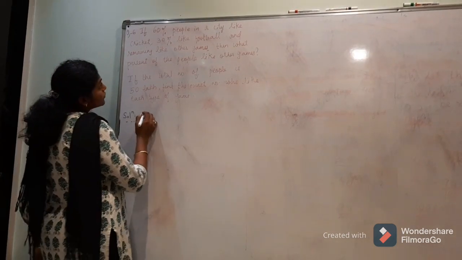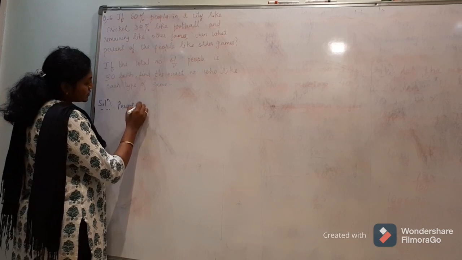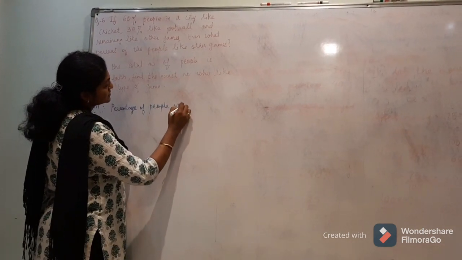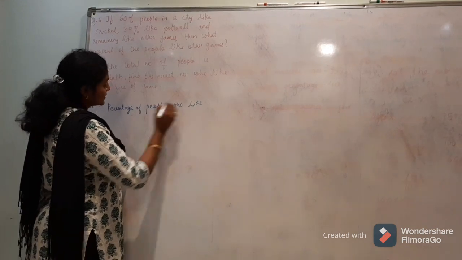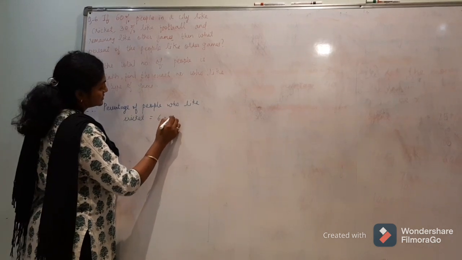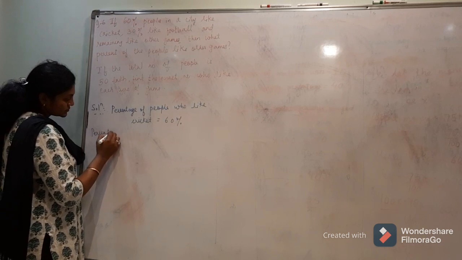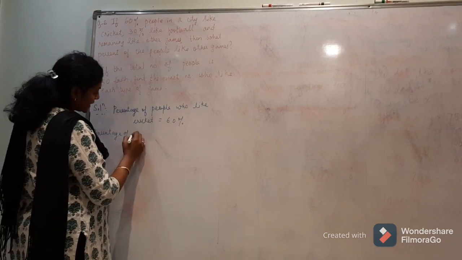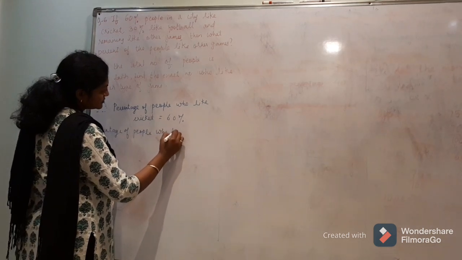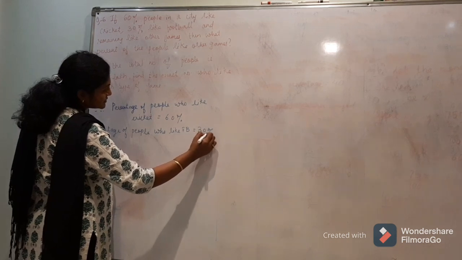So the percentage of people who like cricket is 60%. Now the percentage of people who like football is 30%.